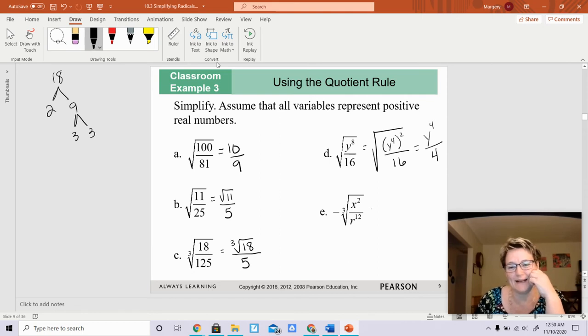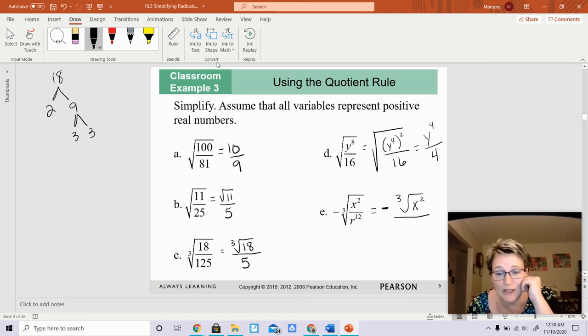Now for the bottom one. The negative is on the outside of the problem, and we are going to do the cube root. You can't cube root x squared. That's just the cube root of x squared. But you can cube root r to the 12th. I can rewrite this as, because it's a cube root, I need a 3 on the outside.